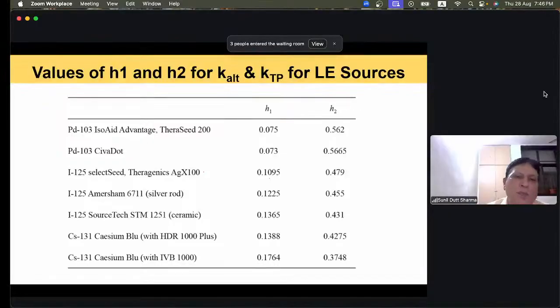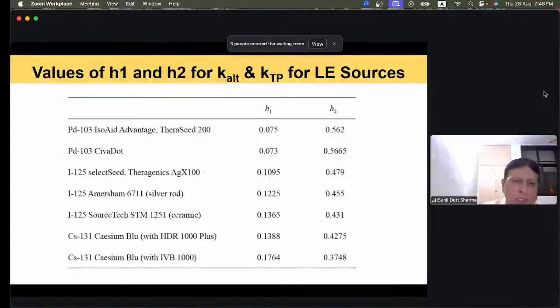This depends on the make and model of the source. Accordingly, the value is given for palladium 103 IsoAid Advantage, palladium 103 CivaDot, iodine 125 Select Seed from Theragenics, then iodine 125 of Amersham. The Amersham design is also similar to the BARC design of iodine 125 source.